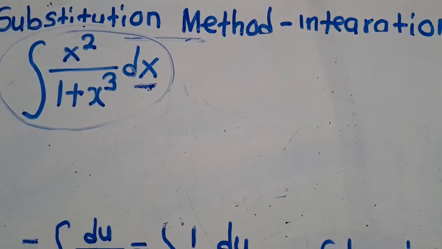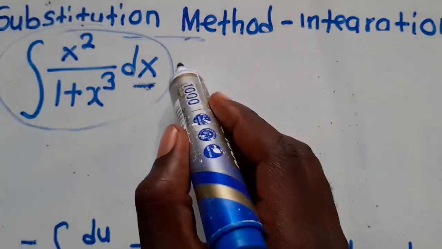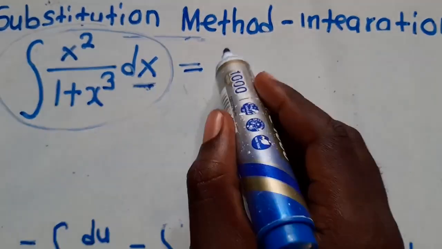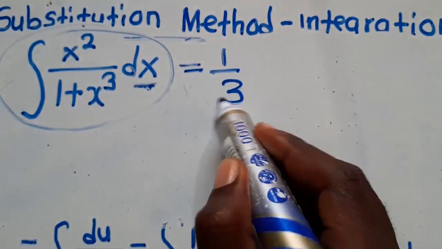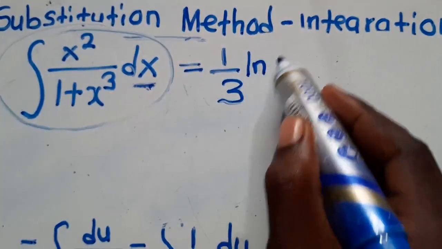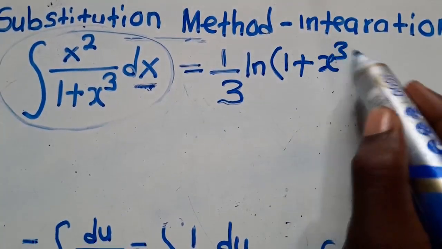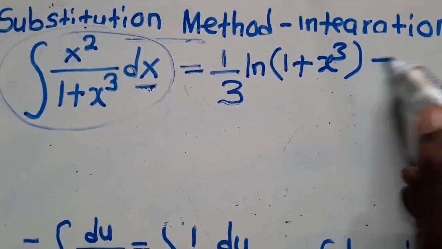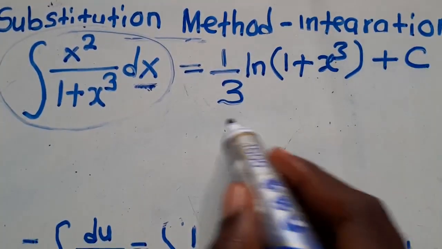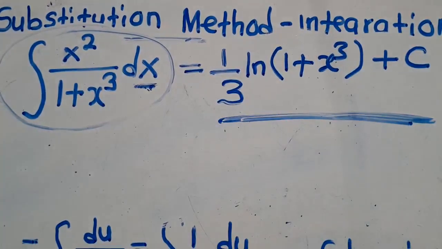So the answer was equal to what? Our answer was equal to 1 over 3 ln open bracket 1 plus x cubed, close bracket, plus c. This is your answer. So this is how you need to answer that.